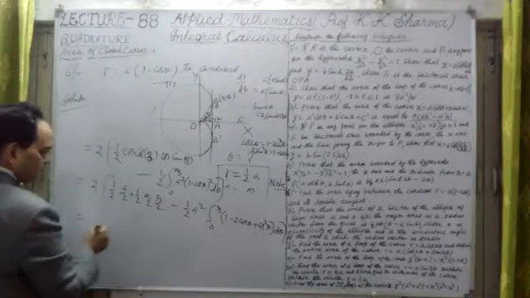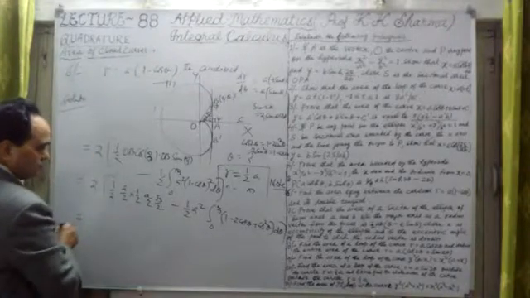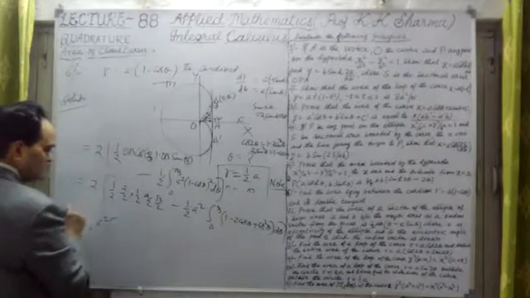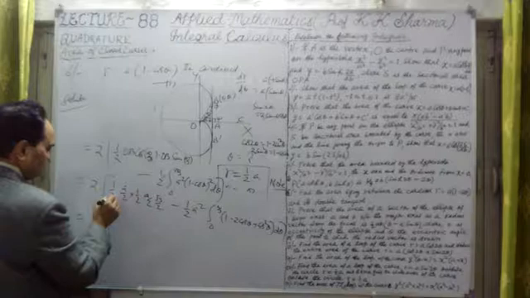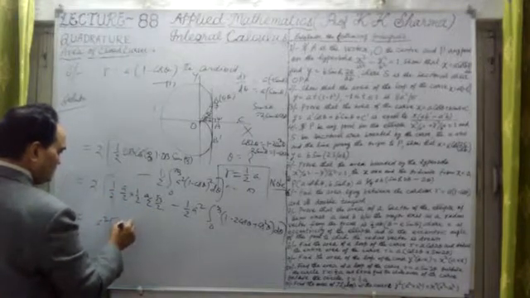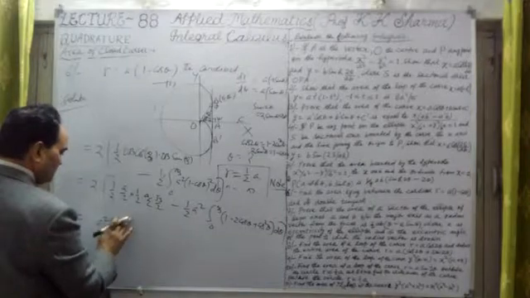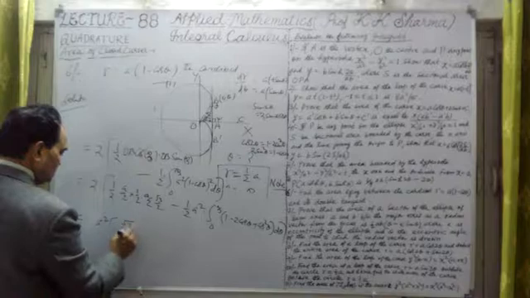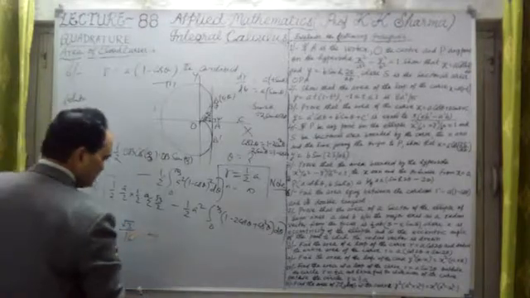Okay, so if I multiply by 2 inside, and let me take a square common outside. First 1 2 is cancelled out. Here it will be 2 2 2 4, root 3 by 16. This is root 3 by 16 minus sin.